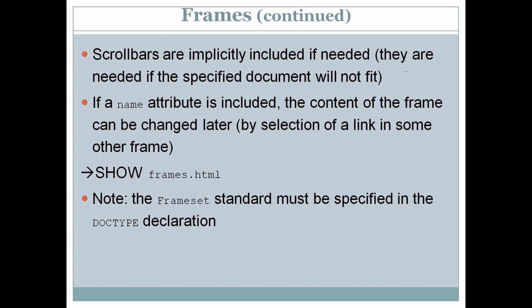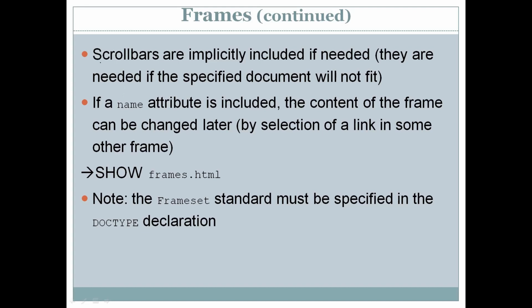Scroll bars are implicitly included. In case of frames, every section which we create includes a document. If that document is too large for that particular section, then a scroll bar is automatically added.